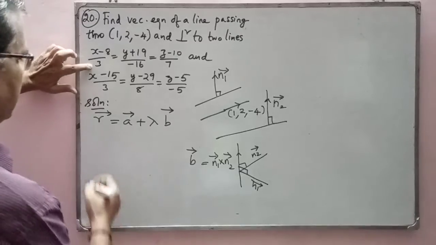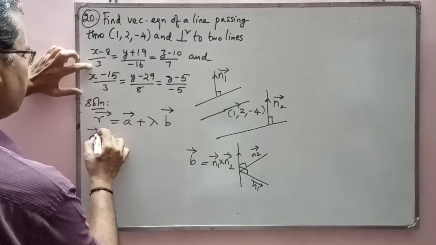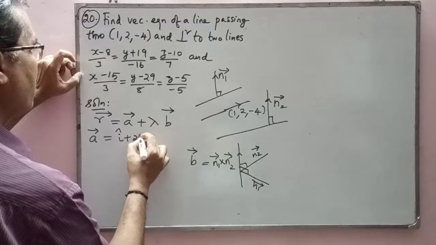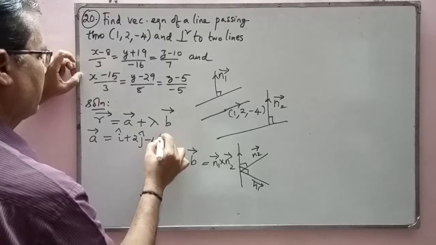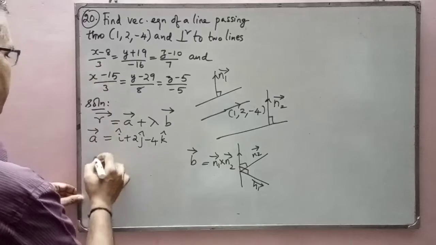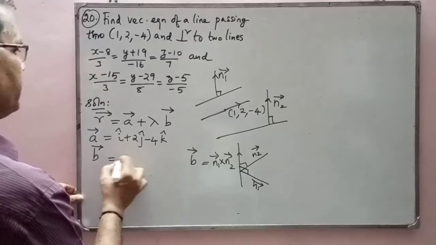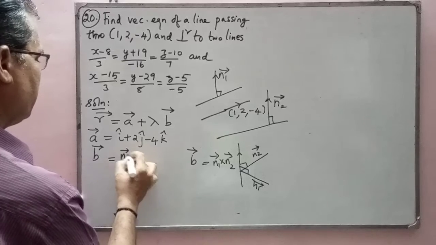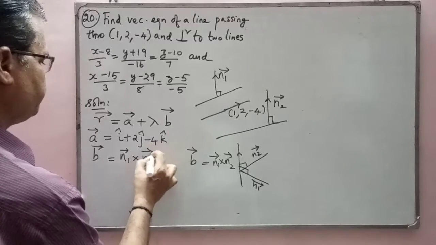So let us write n1 vector. A vector is given in the question very clearly. It is i vector plus 2j minus 4k vector, and b vector, from the diagram we understood that the line is perpendicular to these two vectors. So n1 vector cross n2 vector.